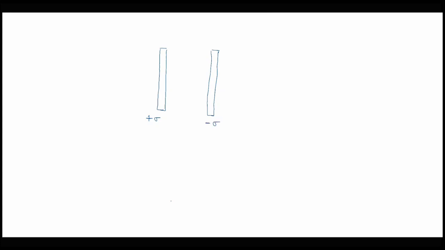So due to the positive sheet, the electric field will be directed away. So E due to the positive sheet will be directed away, that is in this direction. Over here also it will be in this direction, and on the left also it will be directed away, that is in this direction.